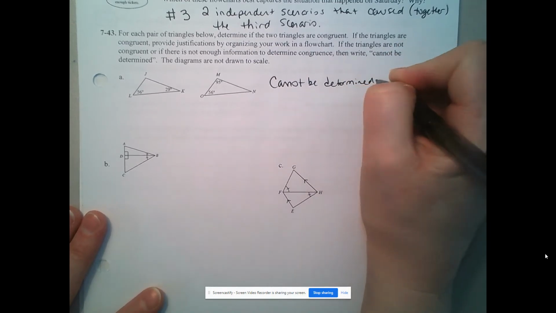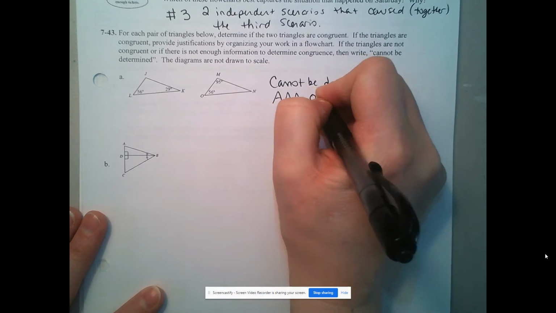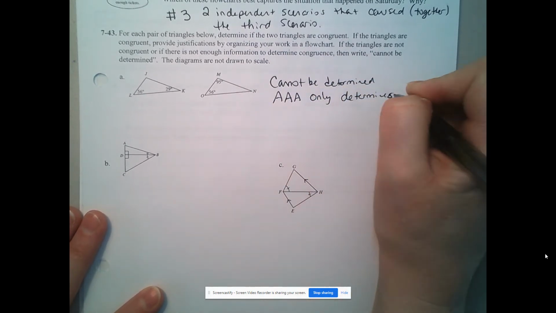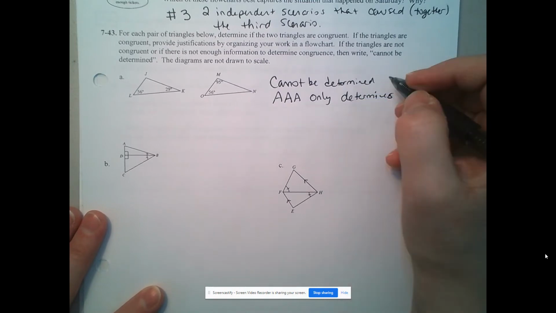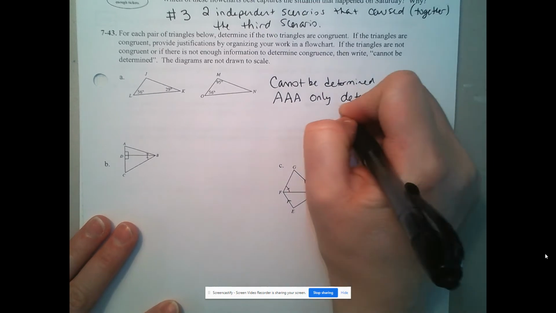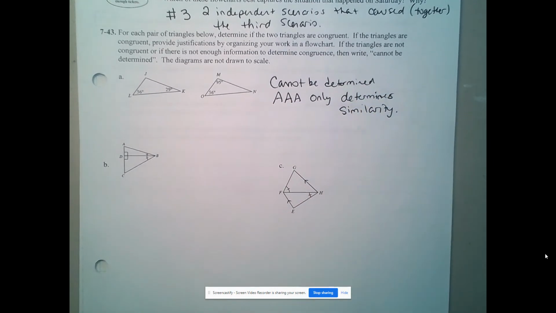And we would say, at best, angle, angle, angle only determines, wow, my handwriting leaves something to be desired today. Angle, angle, angle only determines similarity. So if they happened to both add up to 180 with the 3 matching angles, then you would only be able to say they are similar and not congruent.